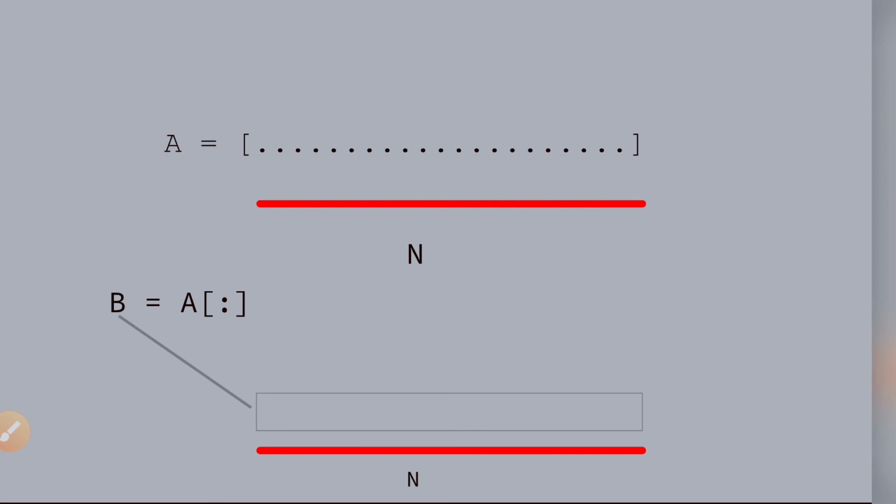This is the way we perform the slice operation in Python. Here we are actually allotting a whole new memory space to B, which will consume a space n, which is equal to the size of array A. So here the space complexity will be order of n.